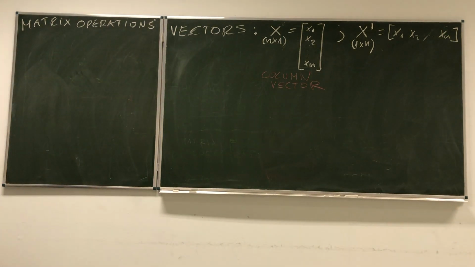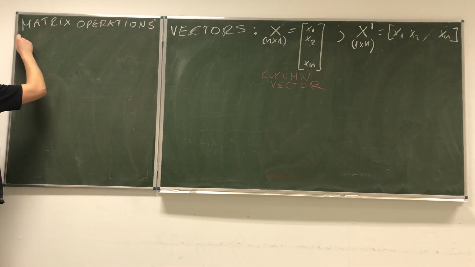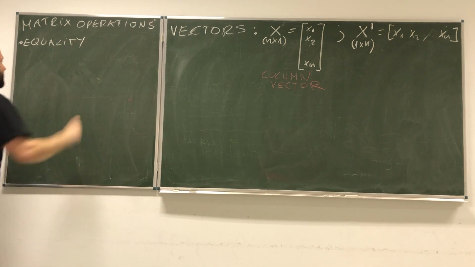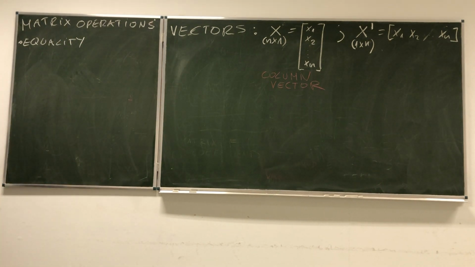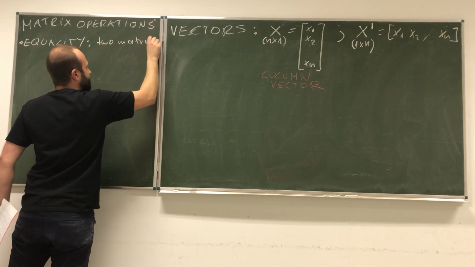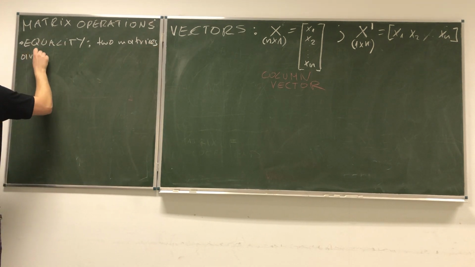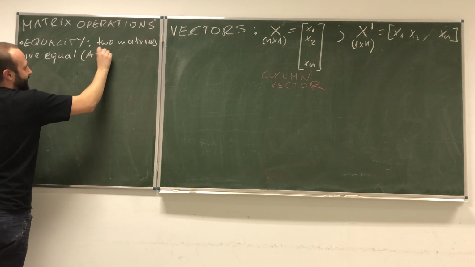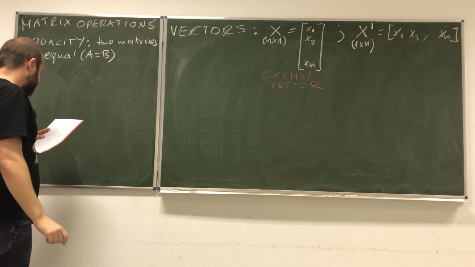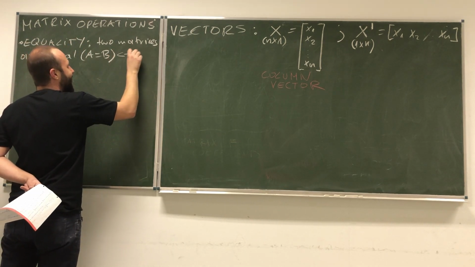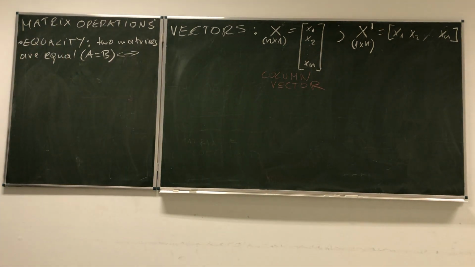Okay, and we're going to start with equality. So, basically, we say that two matrices are equal, so we can write that A is equal to B, and I'm going to use the symbol if and only if.